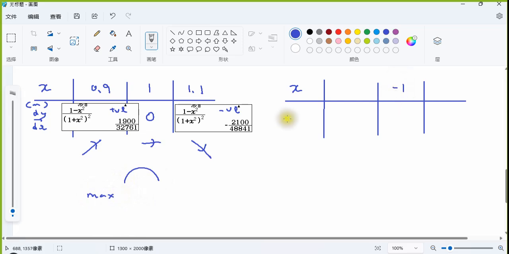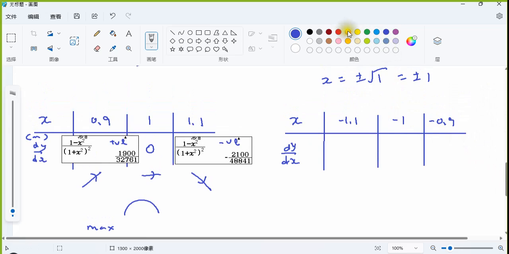Okay, if we have negative 1, so negative 0.9, negative 1.1. Imagine we have a number line here.